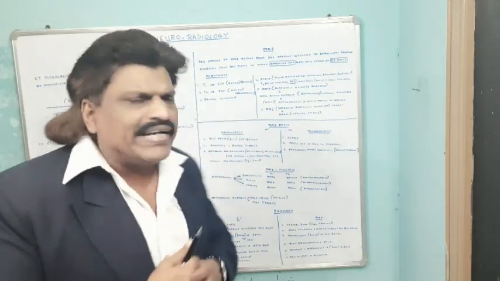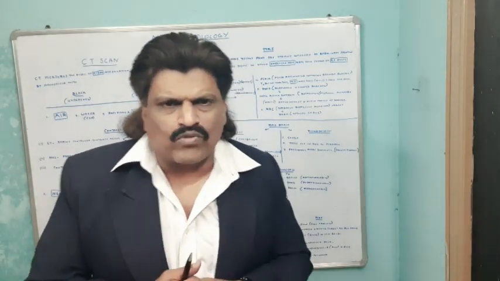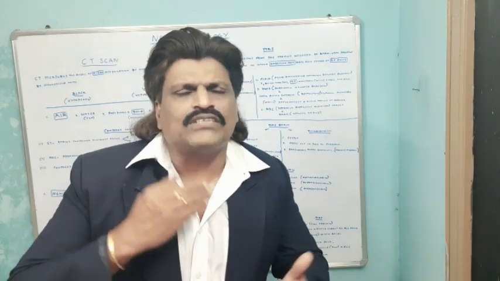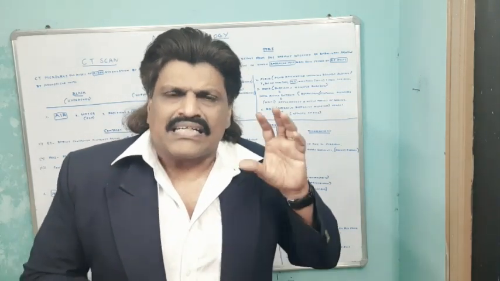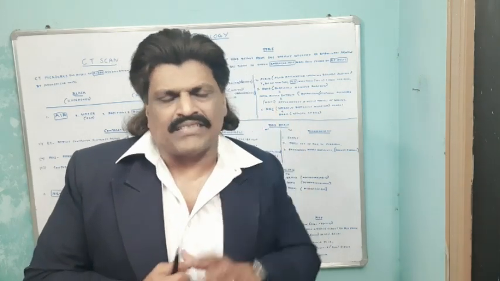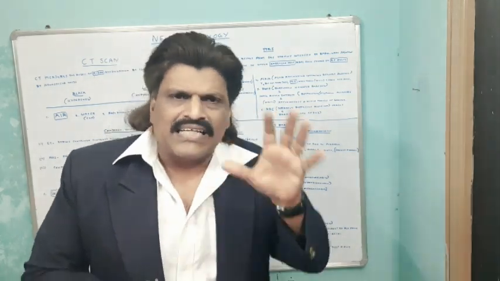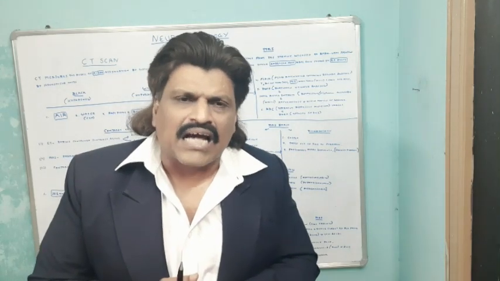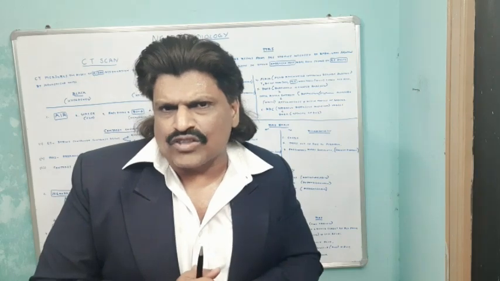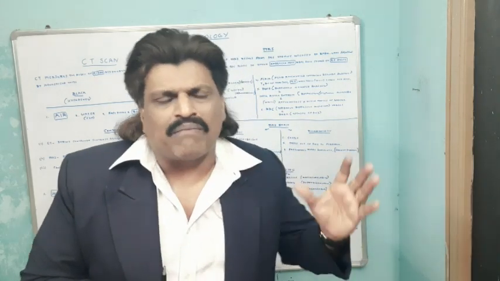The T2 weighted sequence is the next sequence which we use. How do we identify T2 sequence? It's just the opposite of T1. The CSF in T2 sequence appears white, hyperintense. The CSF in T1 appears dark, hypointense. The T2 sequence is very useful for defining the abnormalities.